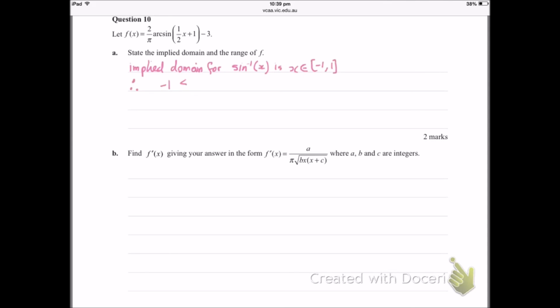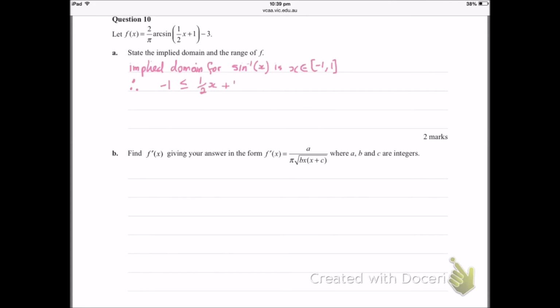So that's the starting point. Now, the argument of the arcsine function, which is this part, the half x plus 1, has to lie between -1 and 1.